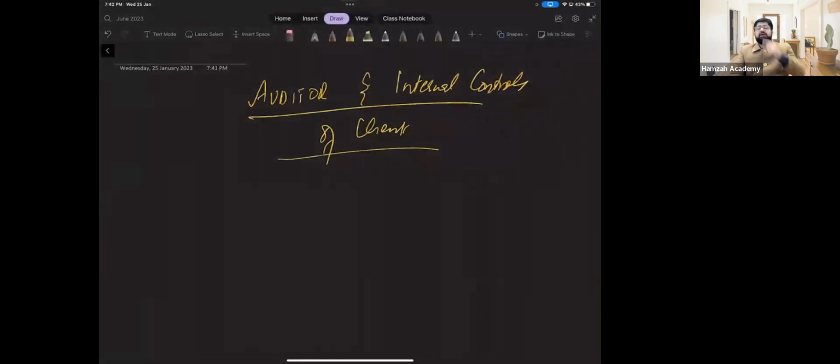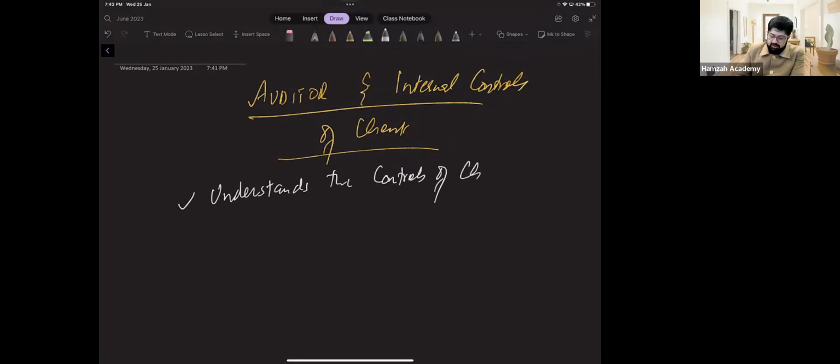Auditor and internal controls of the client. This is the topic, basically. What does the auditor have to do regarding internal control of a company? First of all, the auditor understands the controls of the company, the client. Then, two, document the control system.